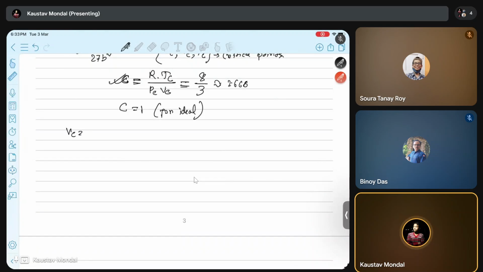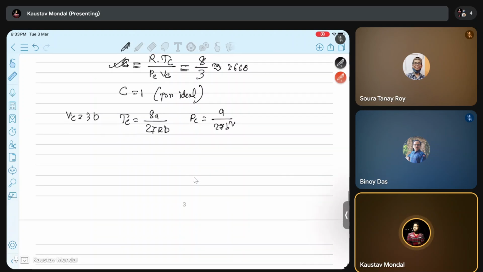Vc equal to 3b, Tc equal to 8a by 27 Rb, and Pc equal to a by 27 b square. Now from here you can calculate Tc into Pc equal to 8a by 9R. So from here a equal to 9R by 8 Tc Vc.